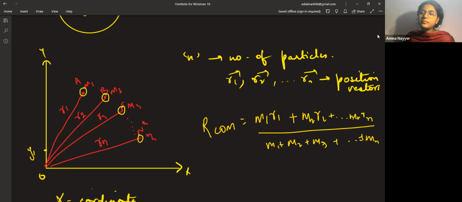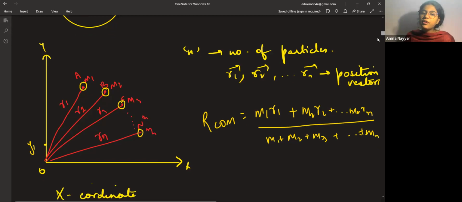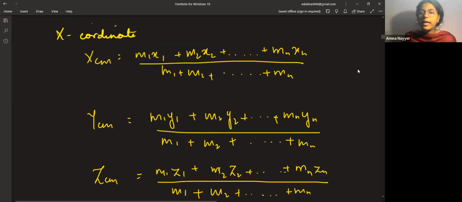Specifically, for the x coordinate, it will be M1x1 plus M2x2 up till Mnxn, divided by the total mass M1 plus M2 plus Mn.